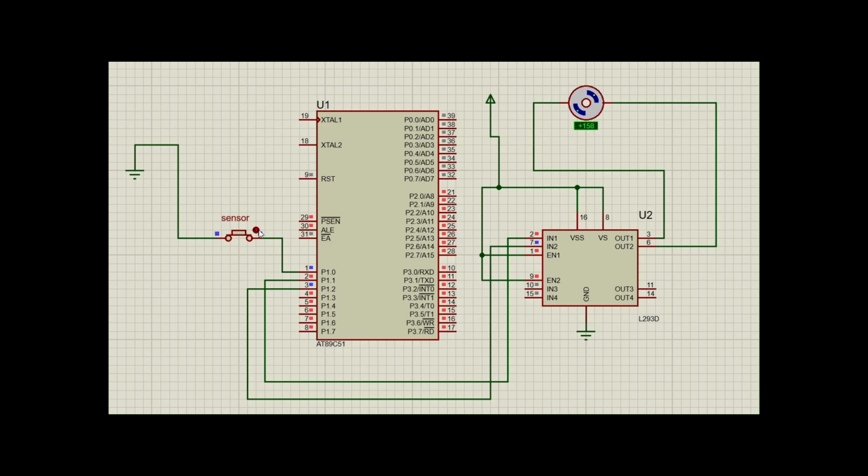After some delay, it stops rotating clockwise and starts rotating anti-clockwise, which means that the door is closed. This was the working and explanation of the door operation.